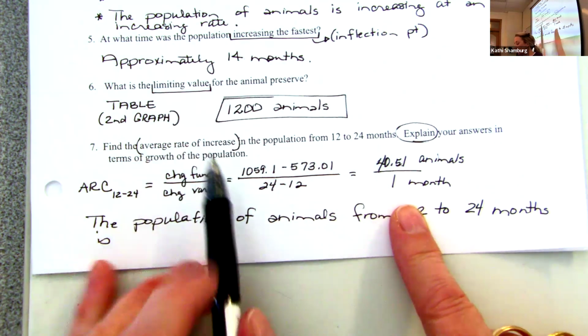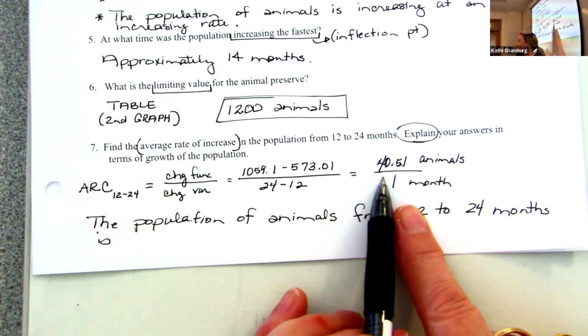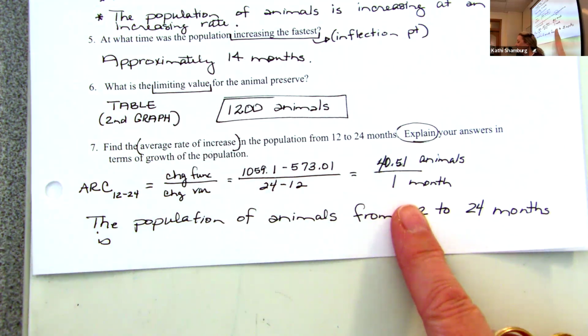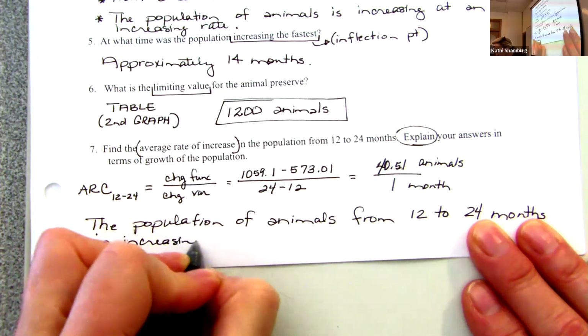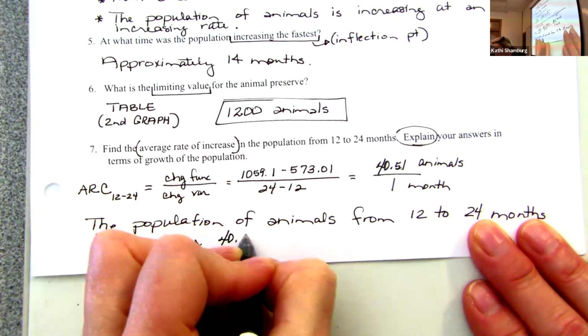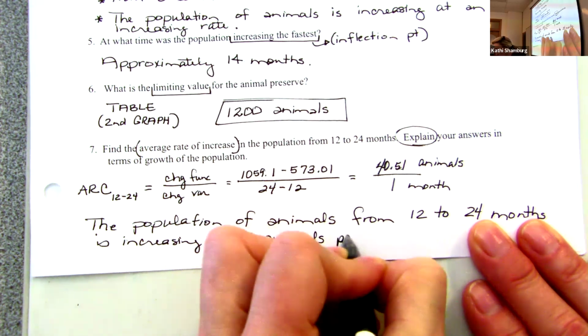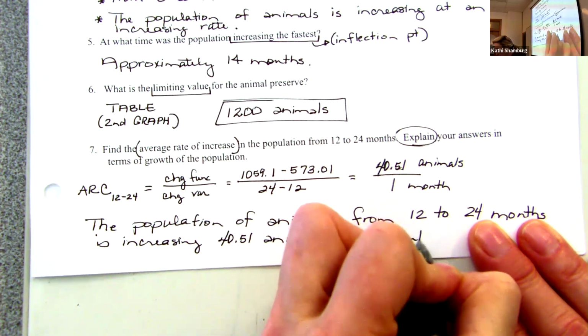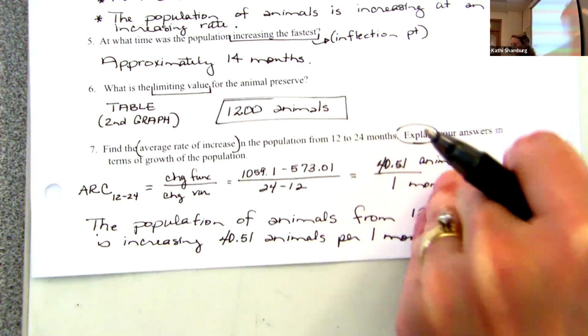Now, it had the word increase here, but if it didn't have that word increase there, how would I know that this is increasing? It's a positive number. So it is increasing 40.51 animals per 1 month, or just per month, you could put.